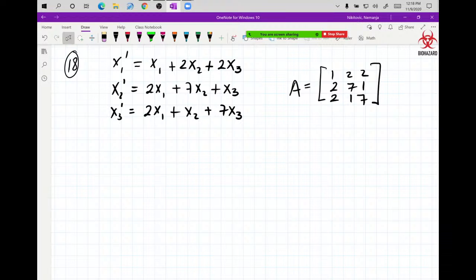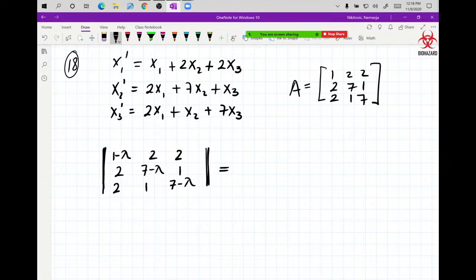We'll see what happens. So the absolute value: 1 minus lambda, 2, 2; 2, 7 minus lambda, 1; 2, 1, 7 minus lambda, equal to 0.